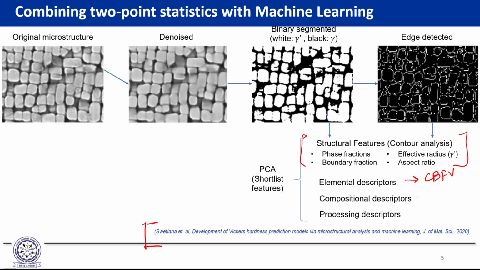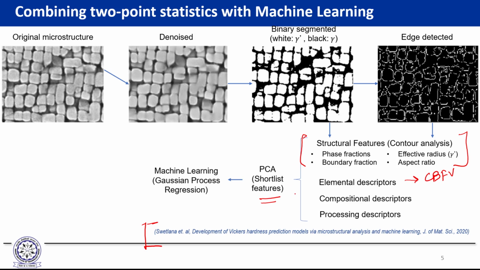In addition to the structural features, you also have the elemental descriptors and the compositional descriptors, and because you know the composition at every single pixel of the image, if you have done the EDS mapping of this material as well, then those things get attached to every single pixel. As a result, now you have a huge number of features describing the microstructure. And as we discussed last time, when you have a situation like that, the next step is some form of principal component analysis.